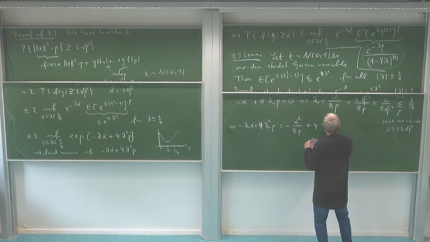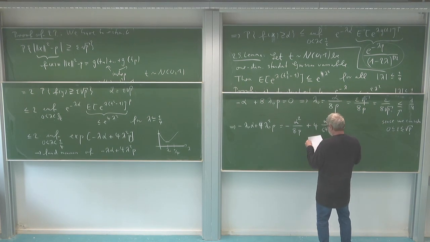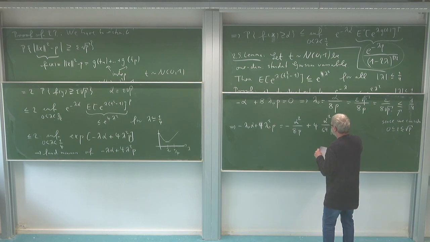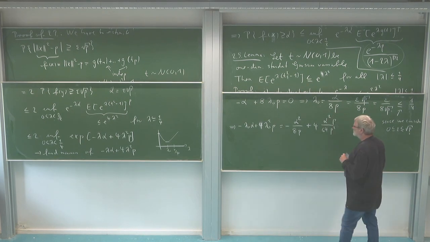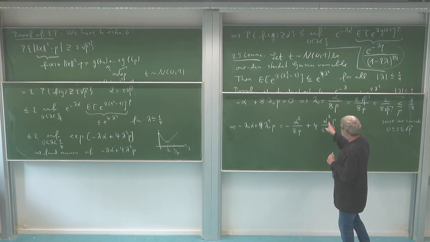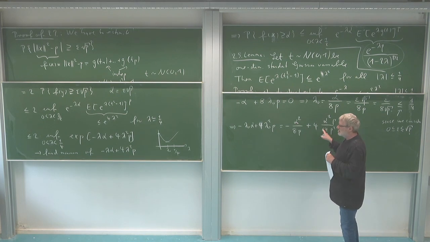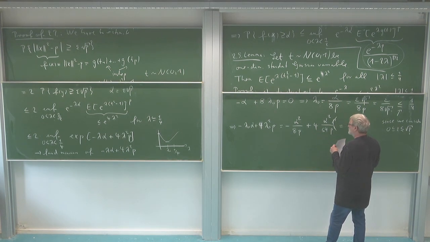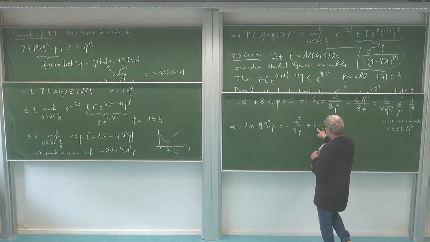I'm not sure whether this is better than what I had before, but it's 64 p squared times p. You see, the two terms now fit together. I have alpha squared, one p goes away, so they are both divided by p.